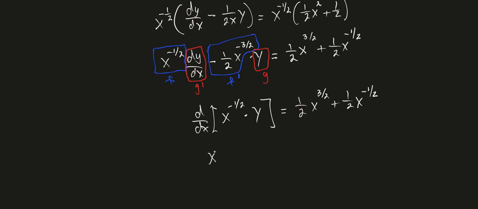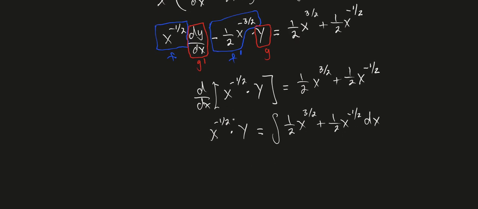So then x to the negative 1 half times y is equal to, now when I integrate this, in fact let me write my antiderivative here. So we have x to the negative 1 half dx. Now on this side, this is where I'm going to convert it over to the root or radical notation.